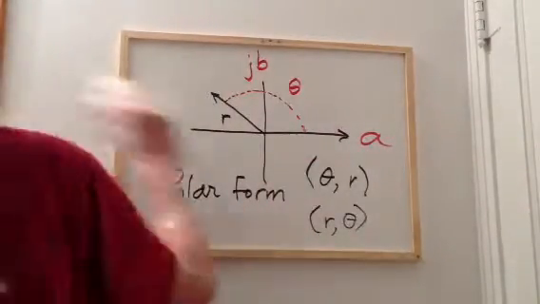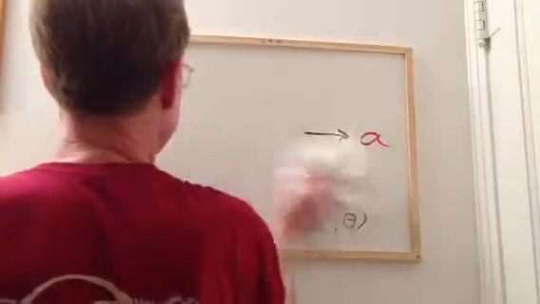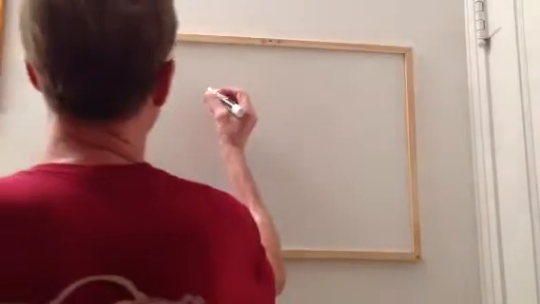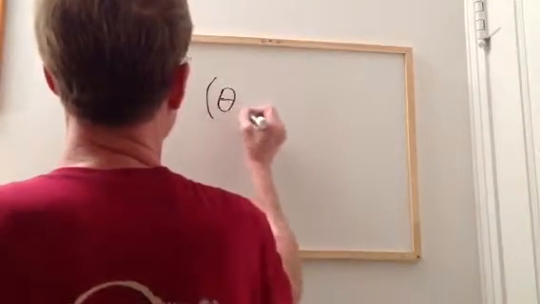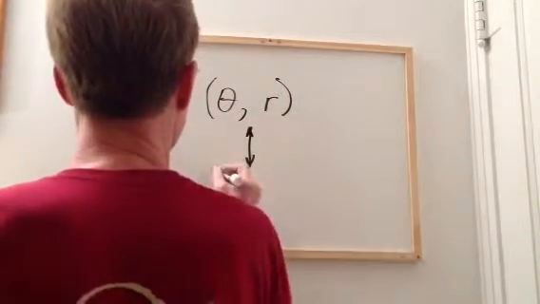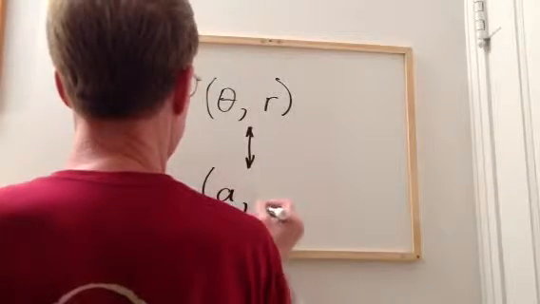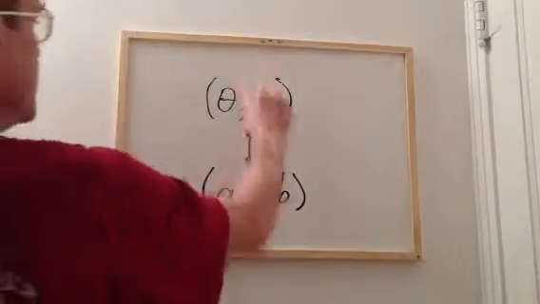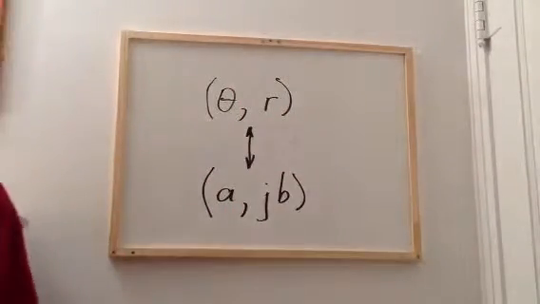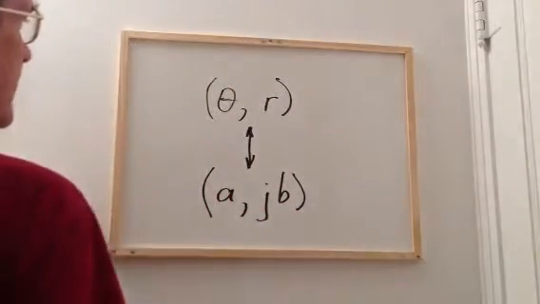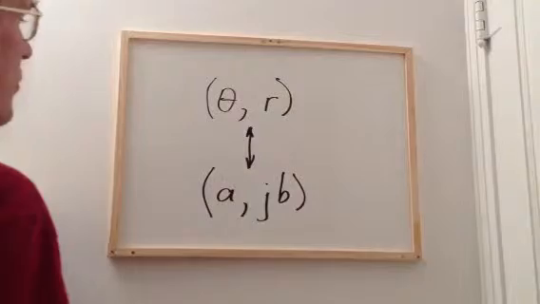There is a one-to-one correspondence between the polar form of vectors, that is to say theta r, and the ordered pairs in the Cartesian plane, which we saw earlier, which goes with the real numbers going horizontally and the imaginary numbers going vertically.